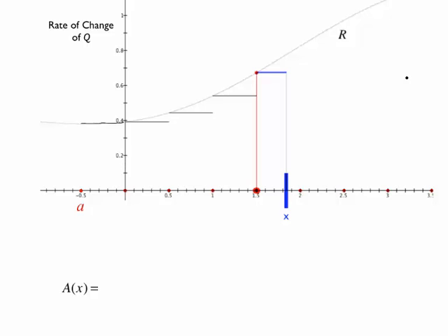Yeah, and that would give us 4. So if we took the current value of x minus A and then divided by delta x, that would give us 4 point something, 4.7. If we took the floor of that, we'd get the 4. Good. What else?